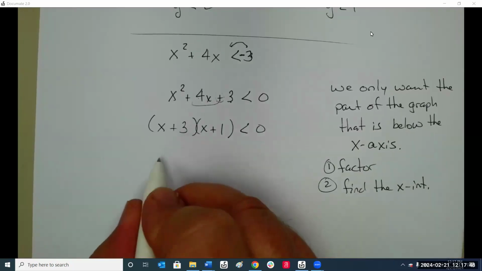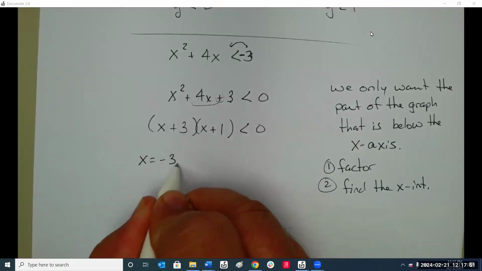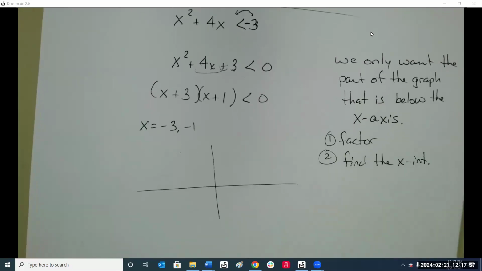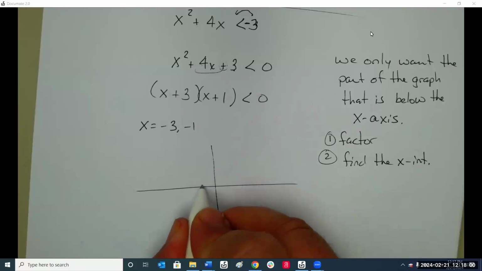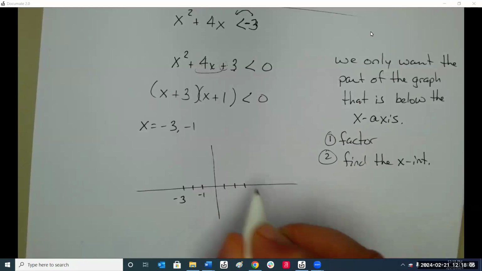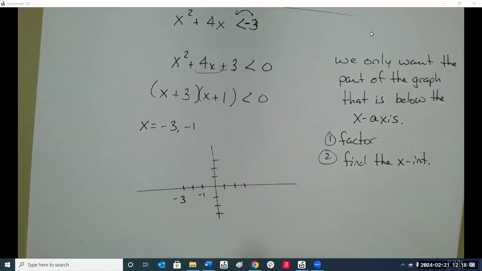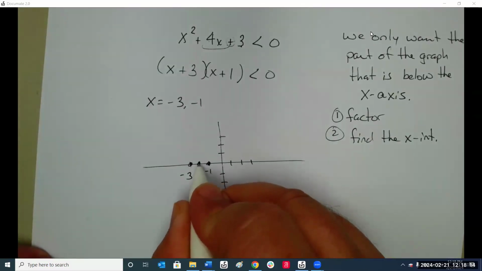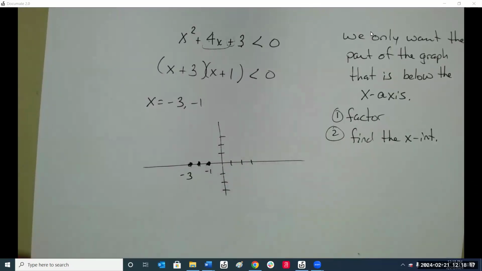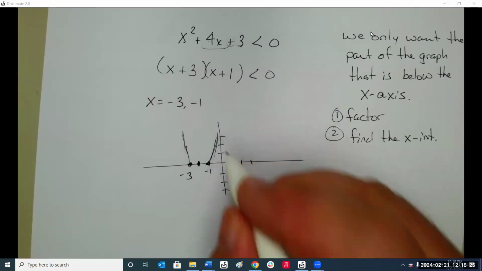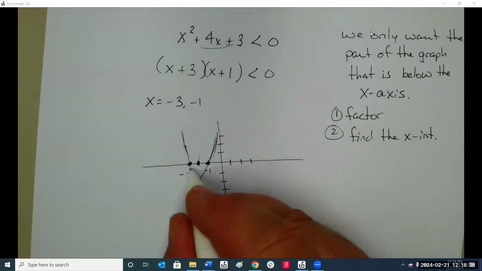So my x-intercepts are where? Since it's a parabola, does it open up or down? So we know this graph is going to look something like this, and at -2 there'll be the vertex somewhere.